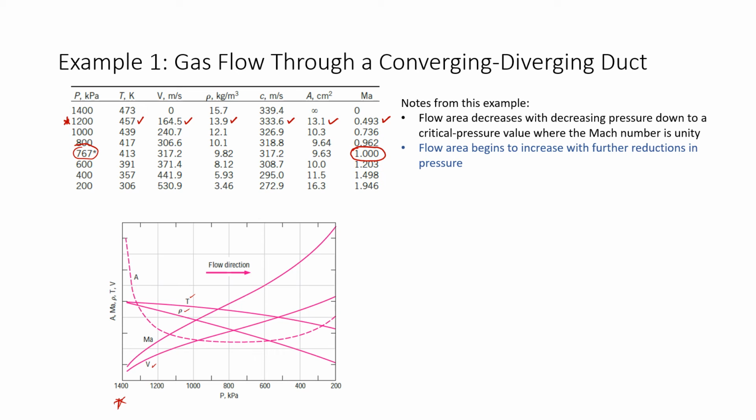Flow area begins to increase with further reductions in pressure. So after 767, you reduce the pressure, but the area will increase. That critical pressure value is 767. It corresponds to where the Mach number is unity. This means Mach number equals 1.